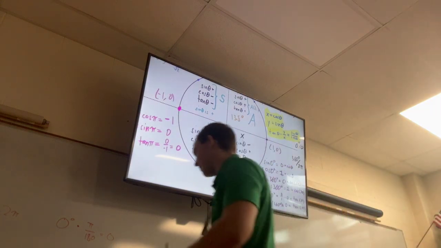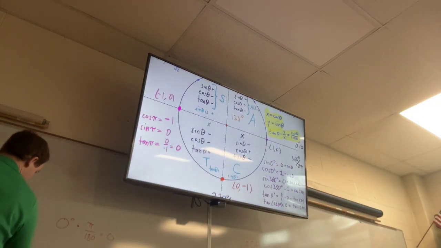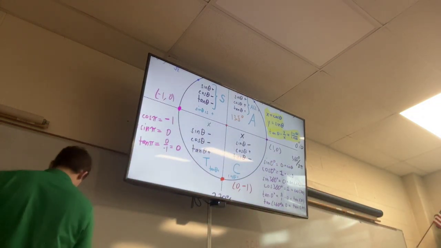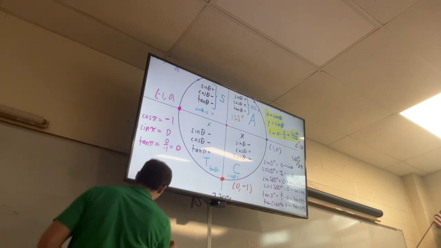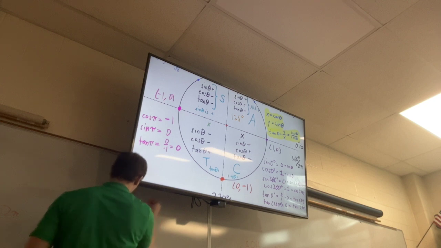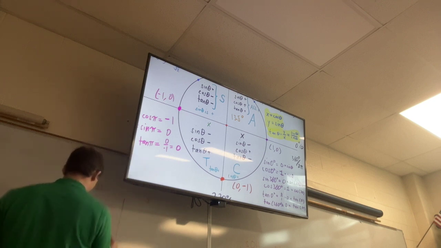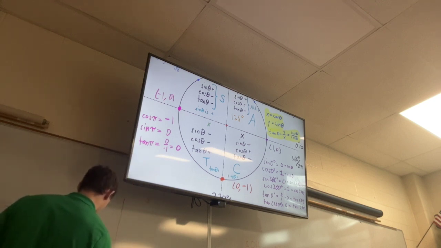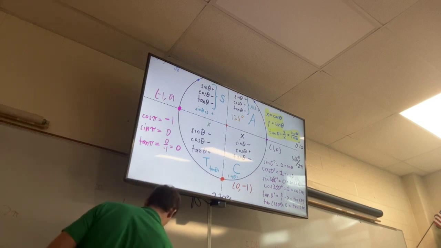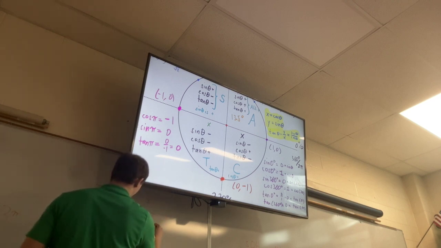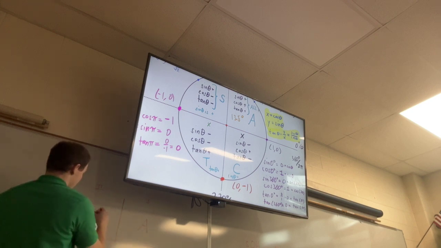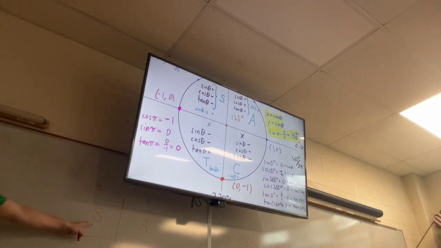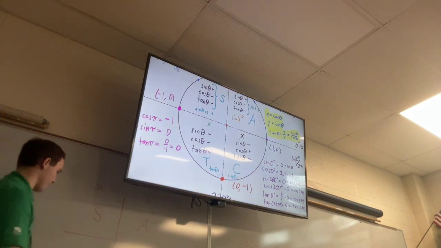So the acronym I was taught: if you draw coordinate axes, I'll label the quadrants up here. Quadrant 1, 2, 3, 4. All the trig functions are positive in the first quadrant. Only the sine of angles in the second quadrant are positive.